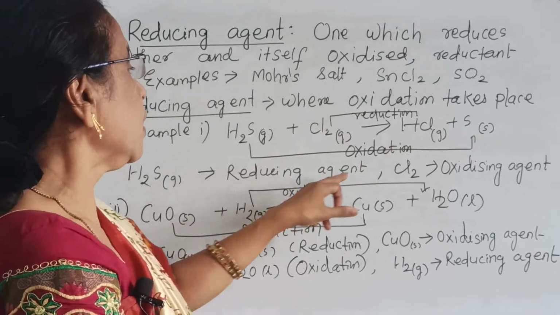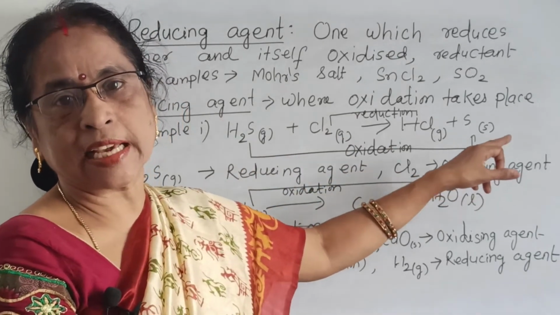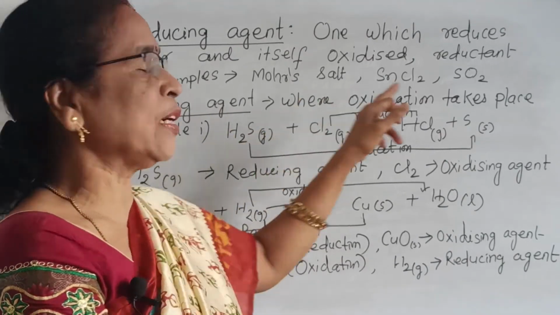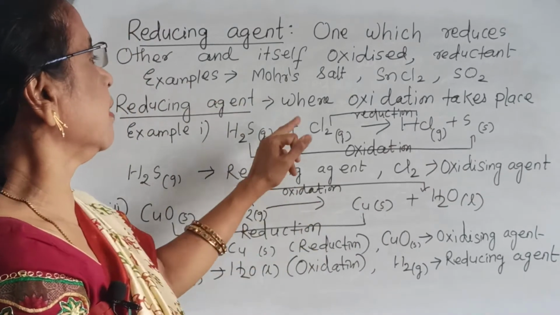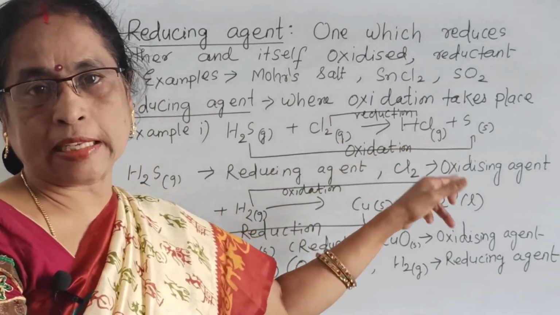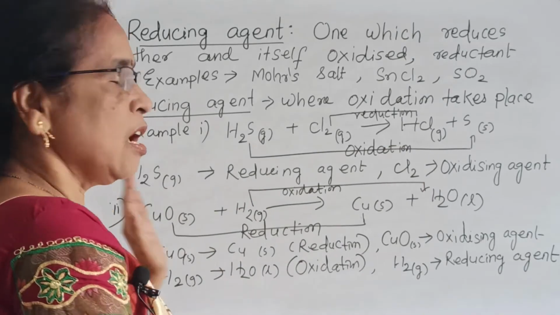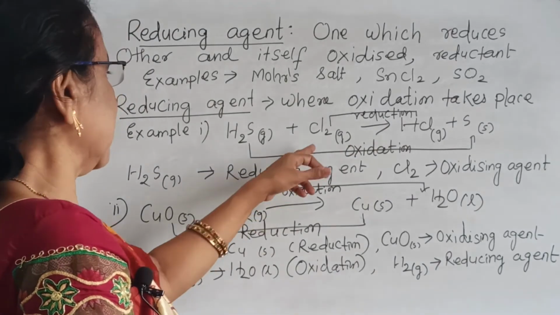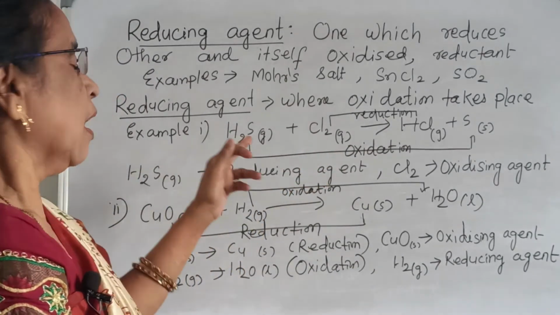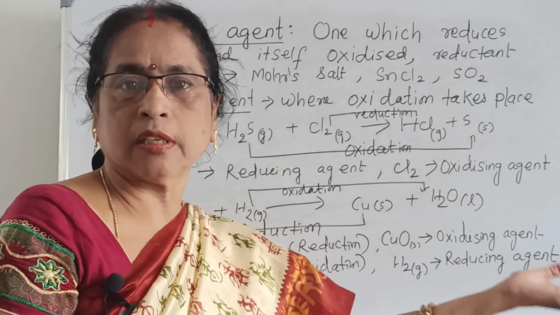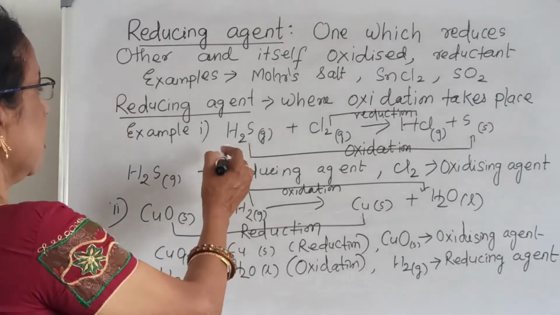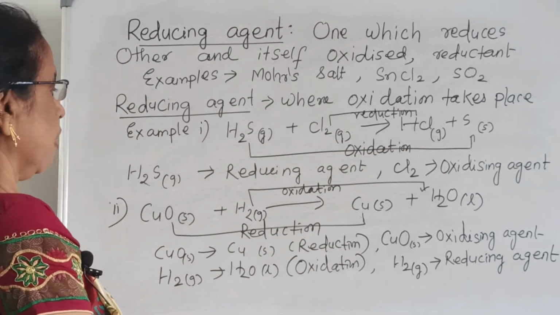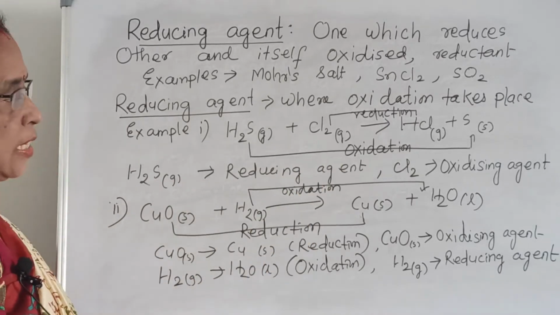Here chlorine is an oxidizing agent because it oxidizes hydrogen sulfide to sulfur and itself is reduced to HCl. So it is clear: an oxidizing agent oxidizes others and itself is reduced, here chlorine, and a reducing agent reduces others and itself is oxidized, here hydrogen sulfide changing to sulfur.